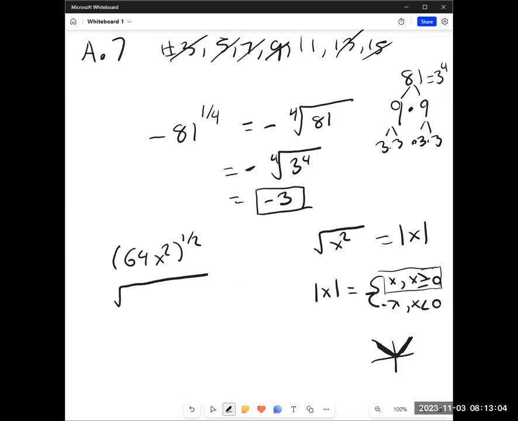So this is going to be the square root of 64 times x squared, which is going to be the square root of 64 times the square root of x squared. We know that the answer to that is 8 because 64 is a perfect square.